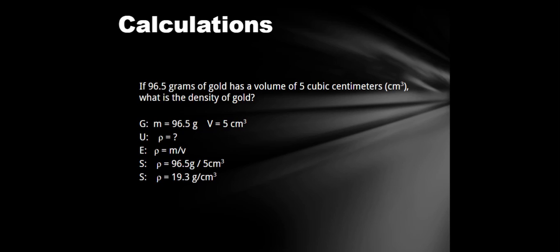And then, of course, the last one will be solve. So we'll actually divide 96.5 by 5, and we get 19.3. Now, neither unit, grams nor cubic centimeter, will cancel. So we keep both units. That's called a derived unit, and it's grams per cubic centimeter is the answer. So that's how we calculate density.